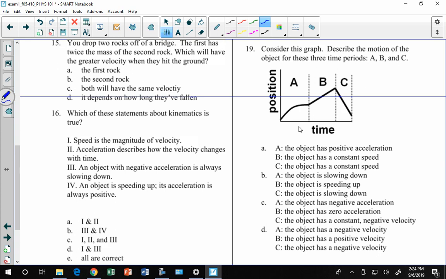So in this first one, the object has positive acceleration. I'm just looking at A right now, looking at the statements for A. The object is slowing down, the object has a negative acceleration, or the object has a negative velocity. Does this object have a positive or negative acceleration? It starts out with a positive velocity. It goes to a slower positive velocity. What's the acceleration?